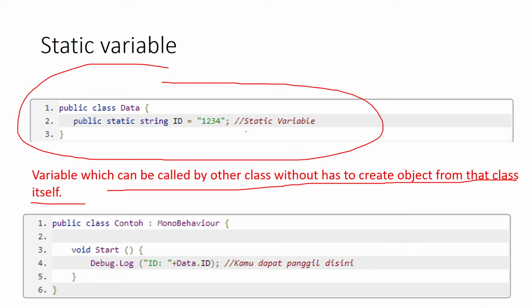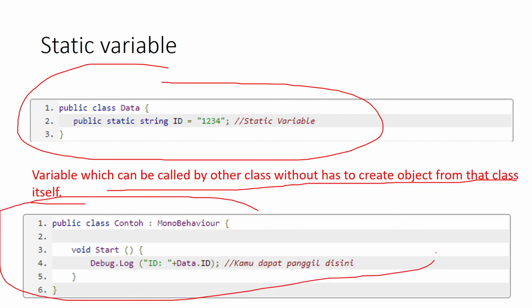So 1 2 3 4 can be called by other classes without creating it from the class itself. This is a static variable: you can type public static string ID and you can call it in start without having to create the class in start.